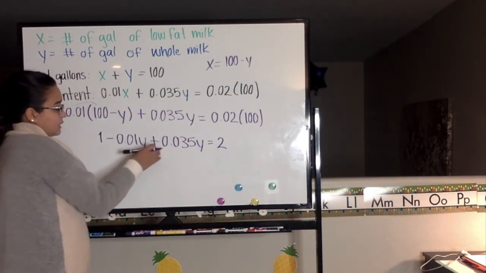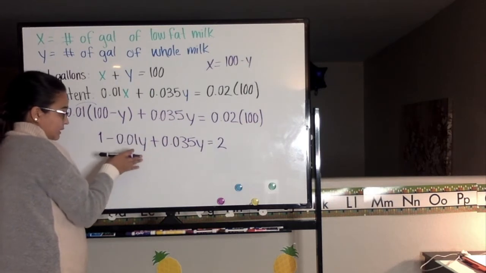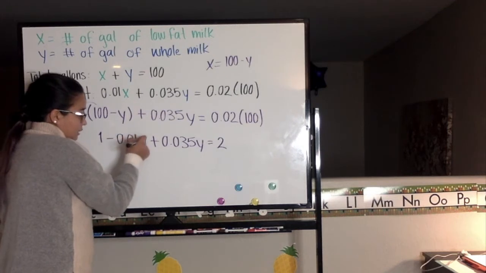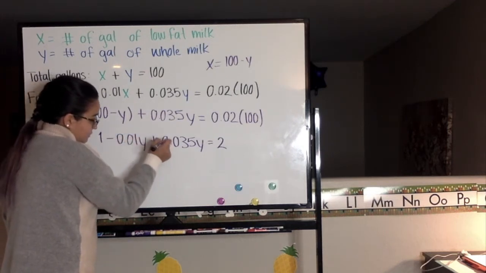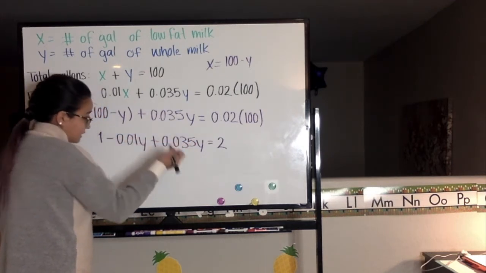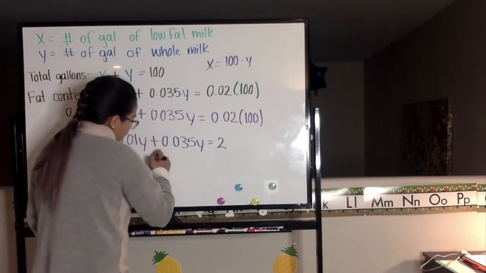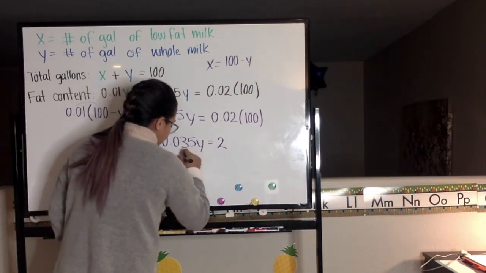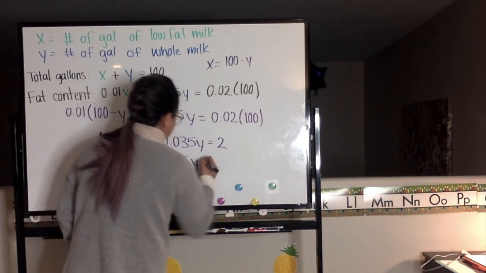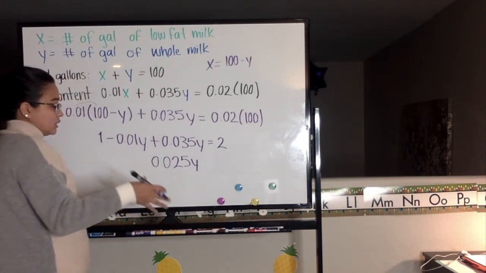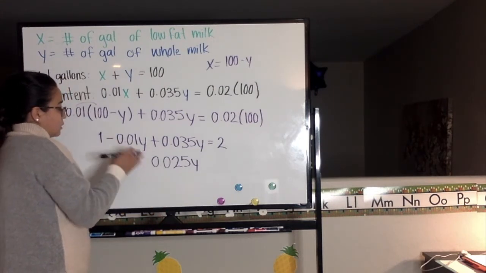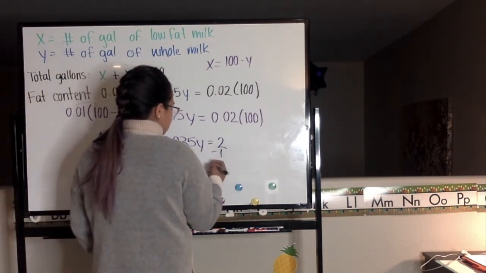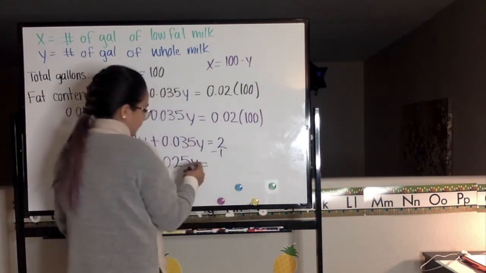Now we're going to combine these like terms and simplify it. Combining negative 0.01Y and positive 0.035Y gives us 0.025Y. We're also going to be subtracting 1 from both sides so we can have Y alone.